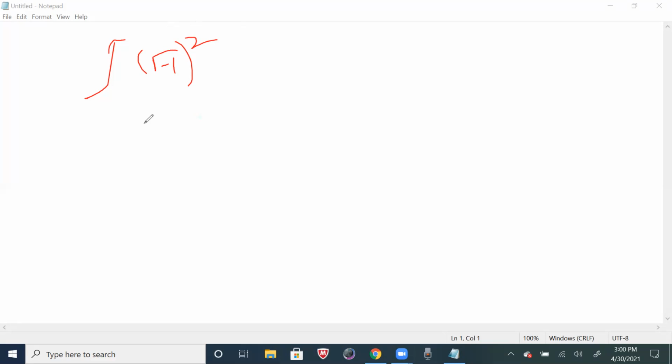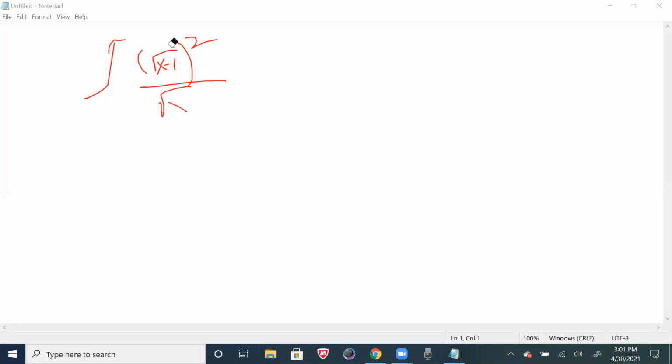The top half is in parentheses, the square root of x, minus 1, quantity squared, and then that's all over the square root of x.